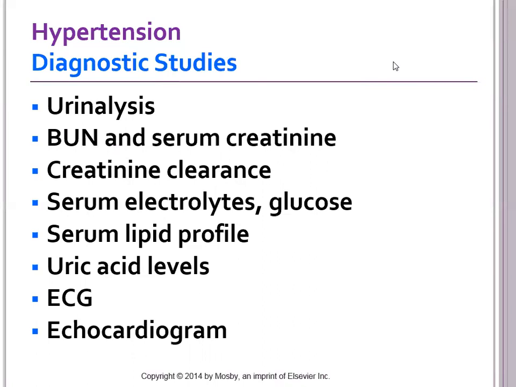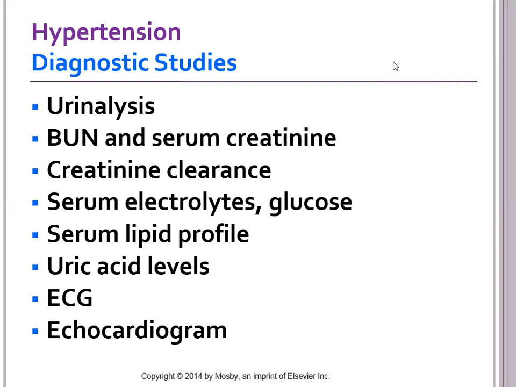So we want to rule out causes also of secondary hypertension, evaluate organ disease, look at the patient's cardiac risk from having hypertension, and we always want to establish a baseline of some of their labs before we start them on antihypertensive meds, because some of those meds, we'll talk about this in future diagnostic studies.